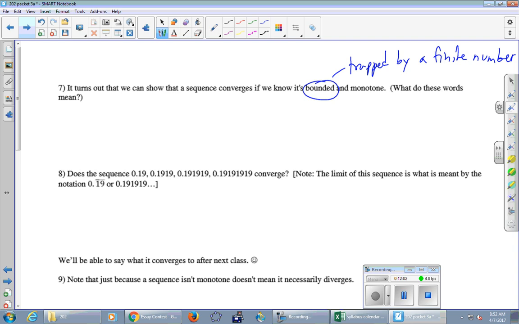If I know for sure it doesn't go to infinity, and I also know for sure the sequence is monotone, which means always increasing or always decreasing, if we know bounded and monotone, we can say for sure the sequence converges.